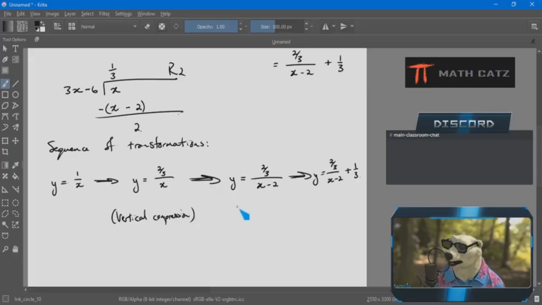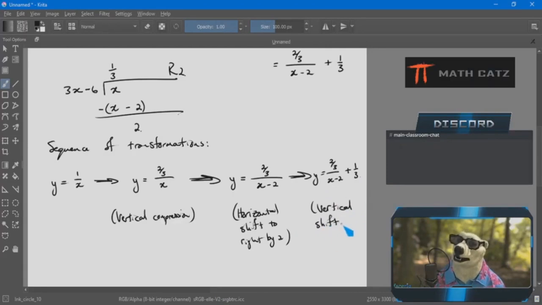Then replacing x with x minus 2 is a horizontal shift to the right by 2 units. Then adding a third to the right-hand side is a vertical shift up by 1/3 of a unit.